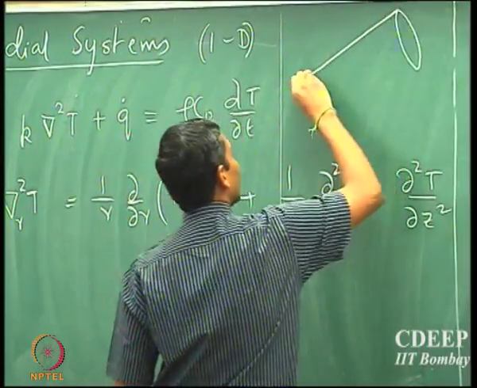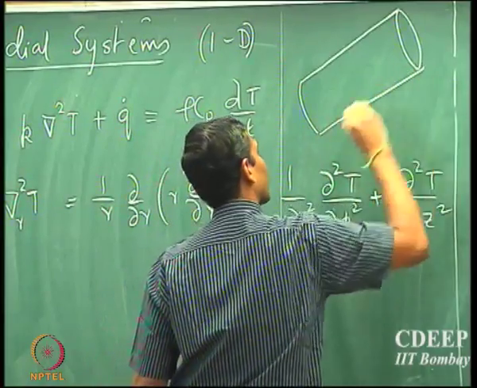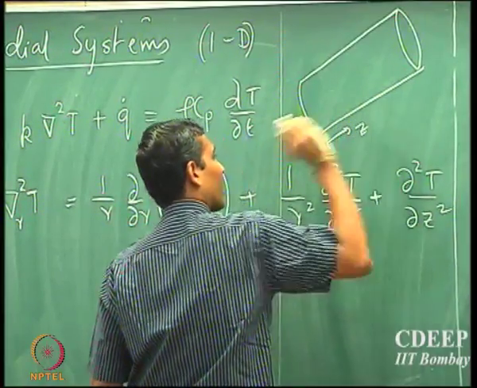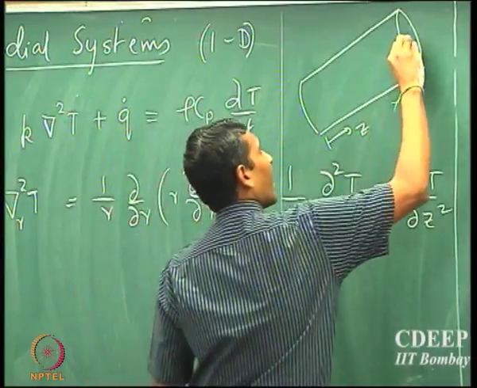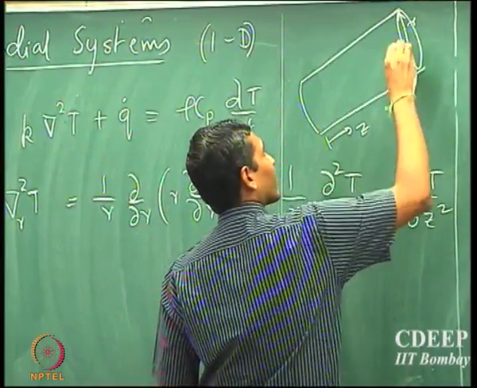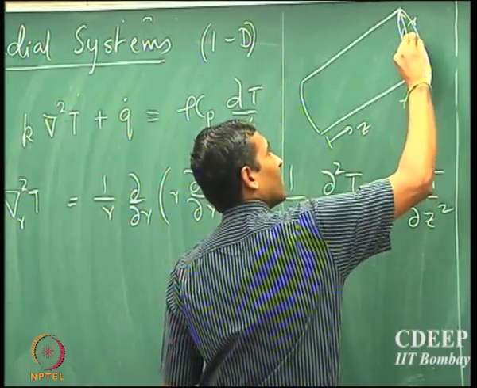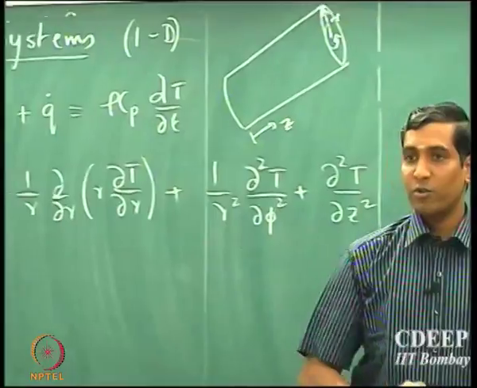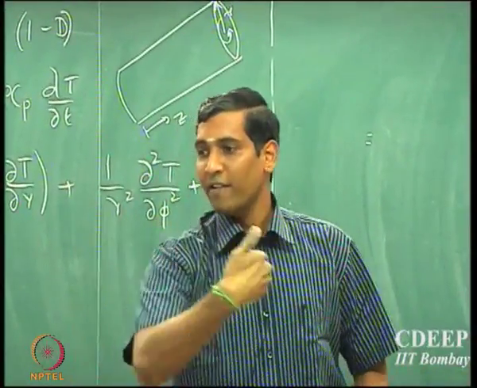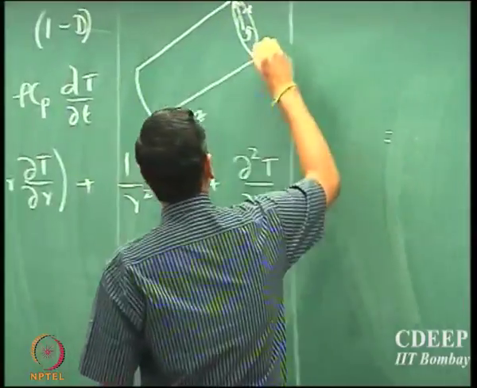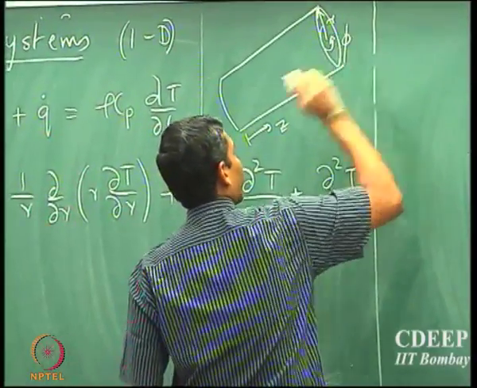So if this is a cylinder, that is the z direction and this is the radial direction, and the curve around it. So there is an angle around every radial point, and that angle is what is called phi.